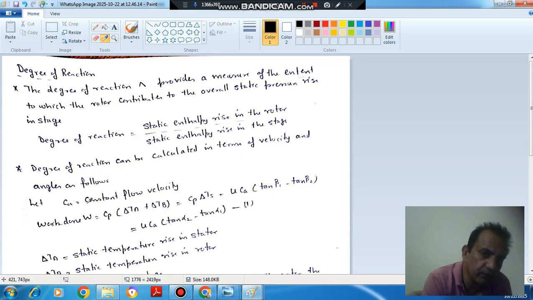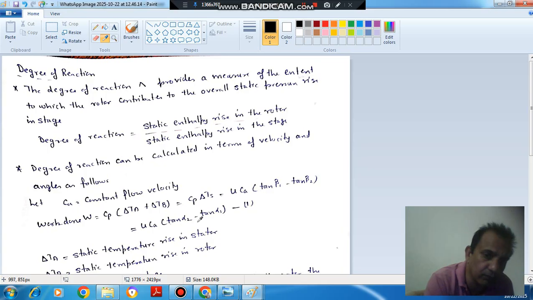So here we have an expression for work done, that is W is equal to Cp times (del Ta plus del Tb), where del Ta is static temperature rise in rotor and del Tb is static temperature rise in stator. Okay, so that is your expression for work done, assuming that the velocity entering each stage is same and axial velocity is constant. Now del Ta plus del Tb can be written as del Ts, that is temperature rise in a stage.